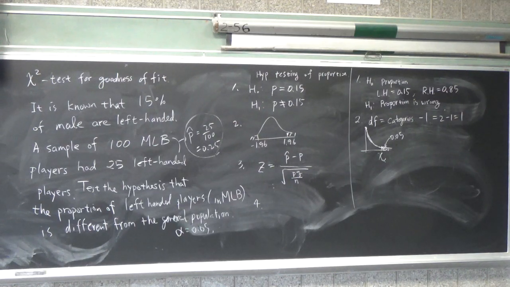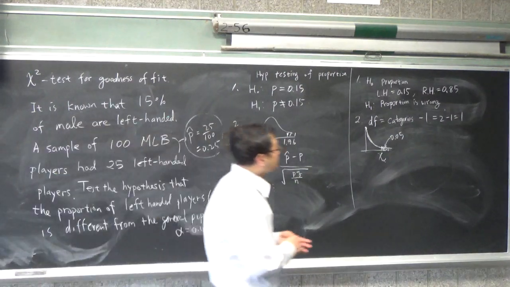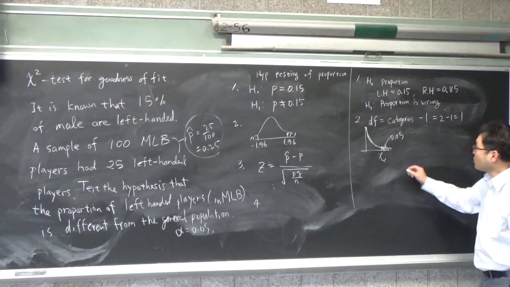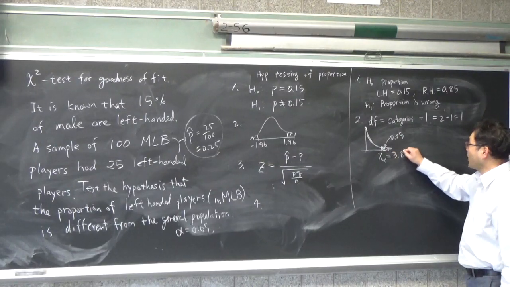Okay. So for degrees of freedom 1, the critical value is 3.841. So we know that this is 3.841.